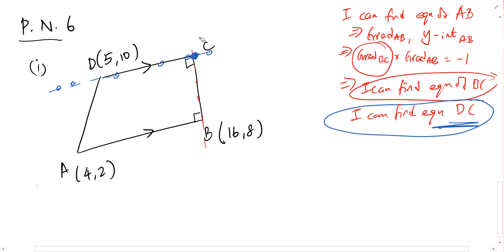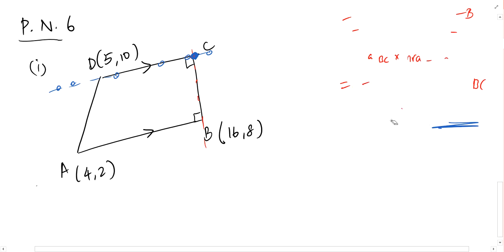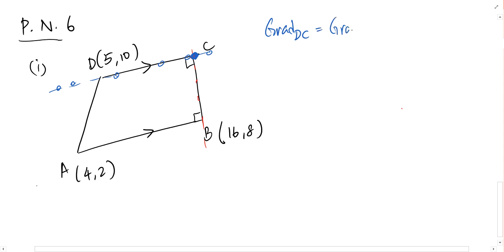And now we are ready to do. Gradient DC equals to gradient AB, which is 8 minus 2 over 16 minus 4. We get 6 over 12, which is half.